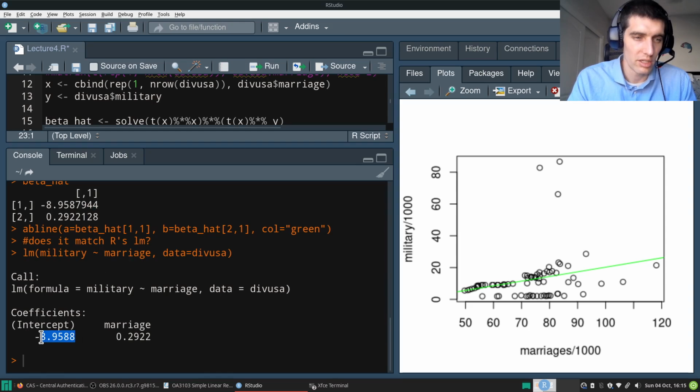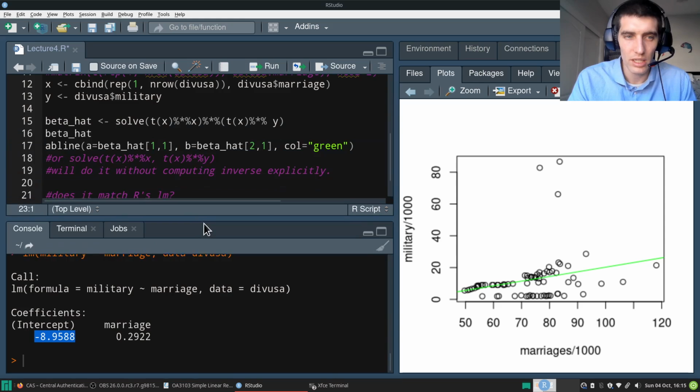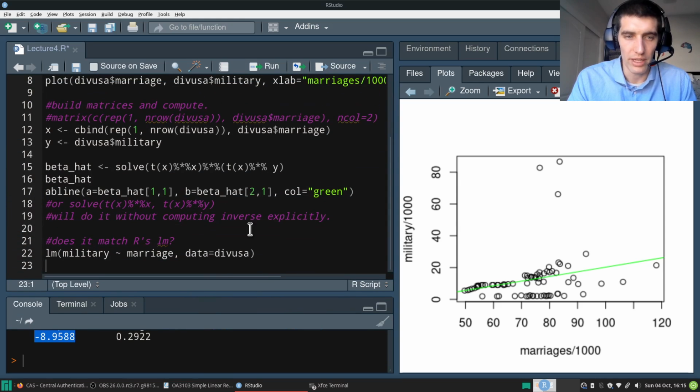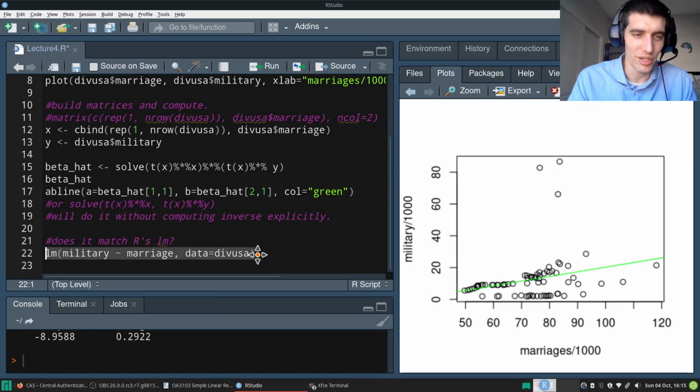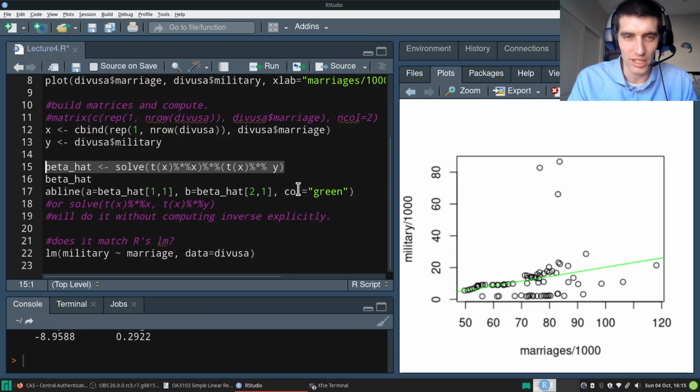This is just because lm will only print so many digits. So subject to rounding, yes, they agree. We've derived what the least squares estimator is, and we've shown that lm seems to be doing that. So yes, indeed, behind the scenes, R's lm is solving this.